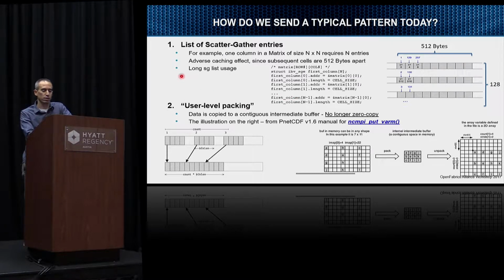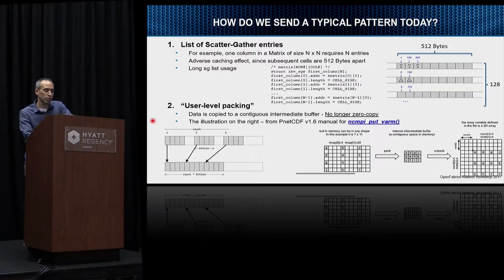Obviously, it's not the most efficient way to do it. The caching effect of jumping so far between those scattered elements is not efficient. In addition, building those huge scatter-gather lists is also inefficient.